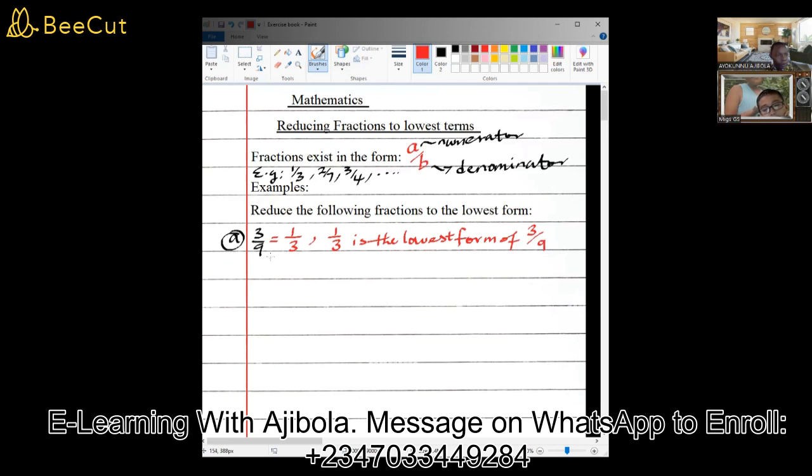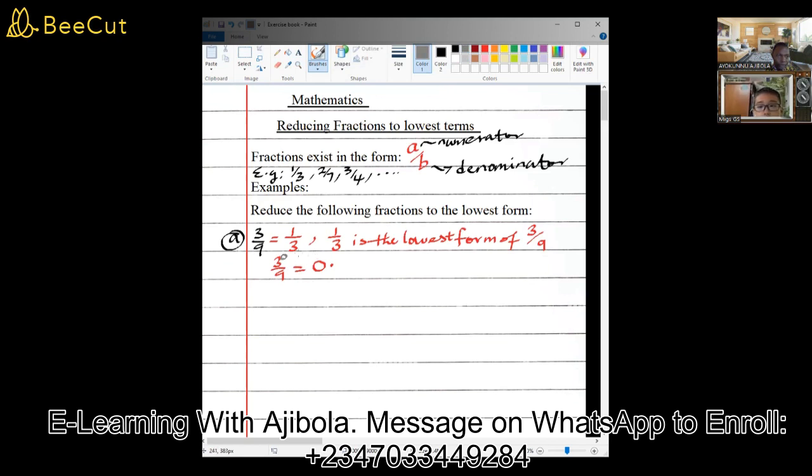For example, if I take 3 over 9 and divide it, I would say, how many 9 can I see in 3? Is 9 possible in 3? No. So that is a 0. If I put an imaginary 0 at the numerator side, I have 30.